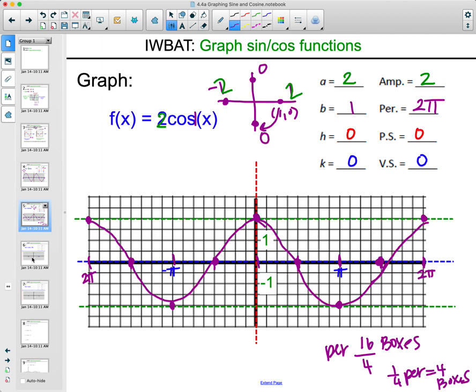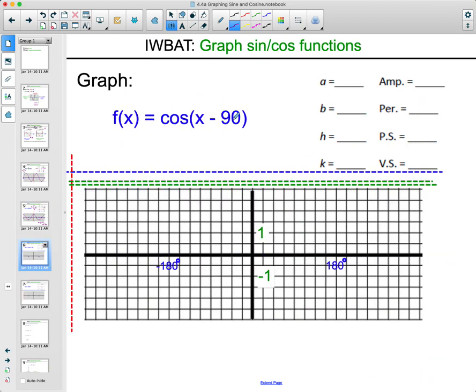All right, then let's take a look at a shift here. So this one is now in degrees, okay, and it has a shift in there. A value is 1. Amplitude is 1. B value is 1.